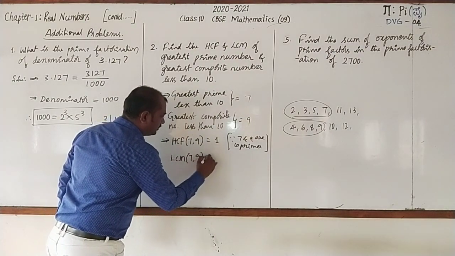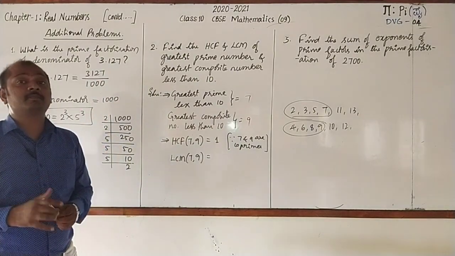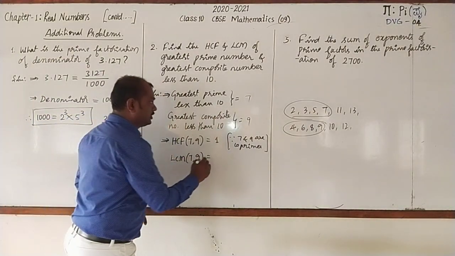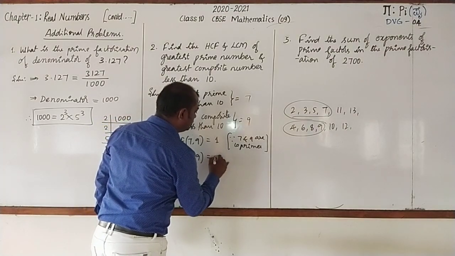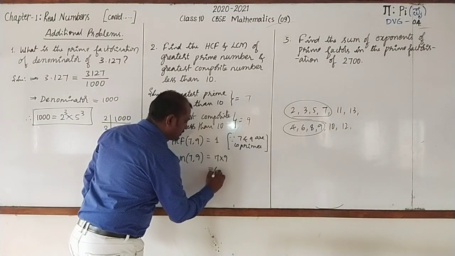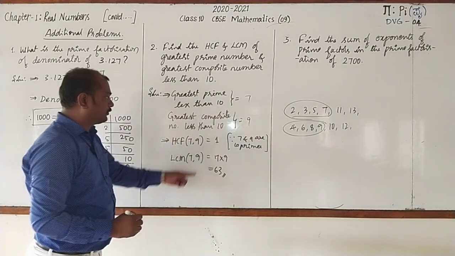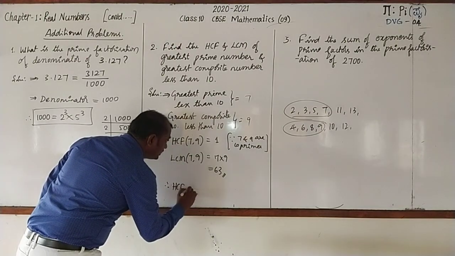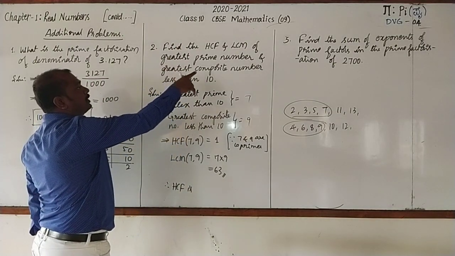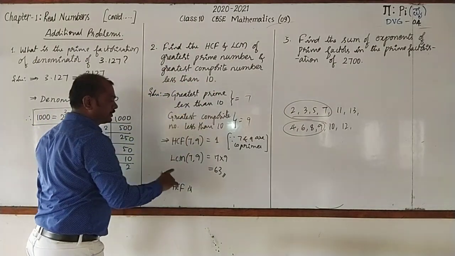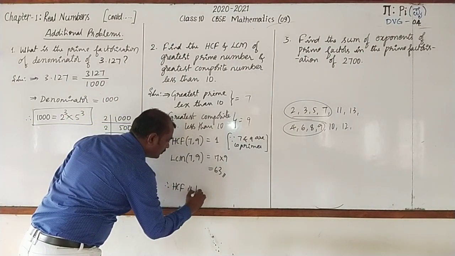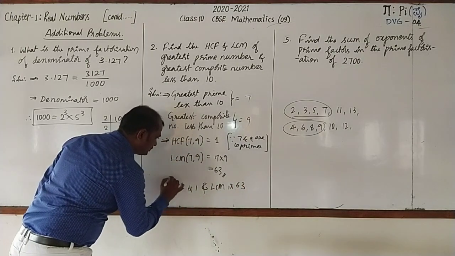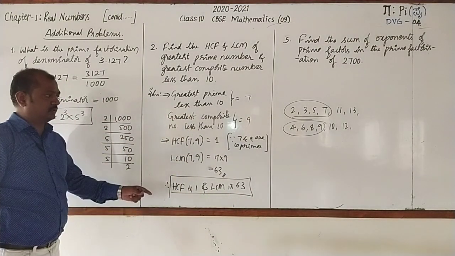We have already learned that the LCM of co-primes is the product of those numbers. Hence, we write 7 into 9. 7 9s are 63. Therefore, HCF is 1 and LCM is 63. I hope that you have understood.